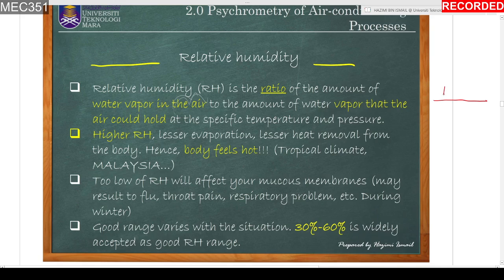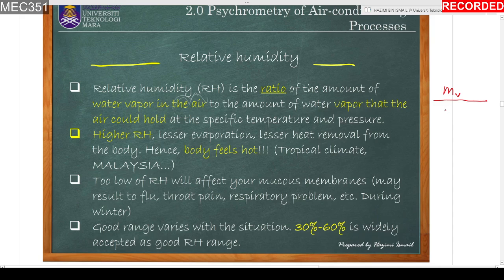Let's say you have mV, V stands for vapor. Berapa berat? Mass. So it is in terms of mass, because the amount of water vapor to the amount of water vapor that the air could hold.